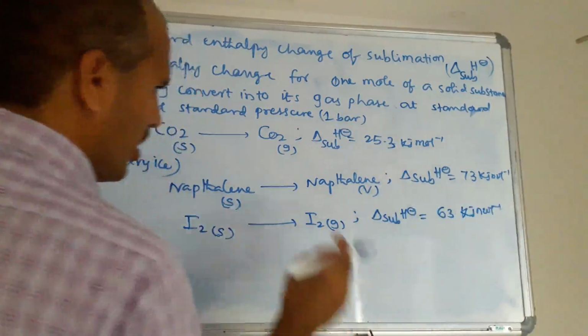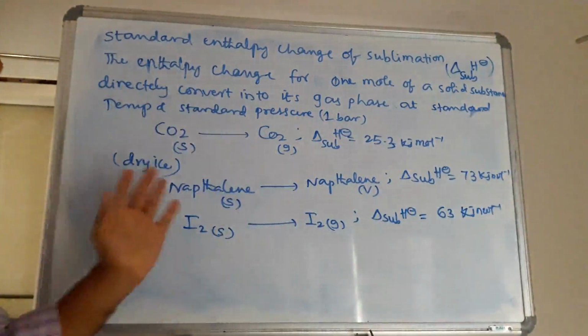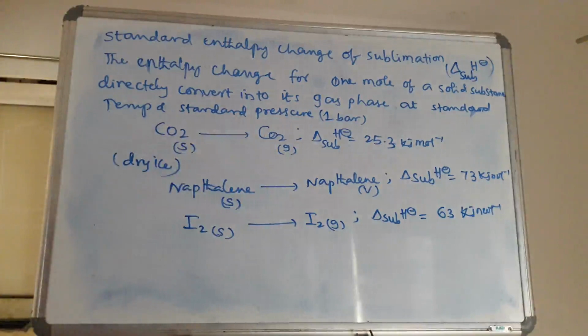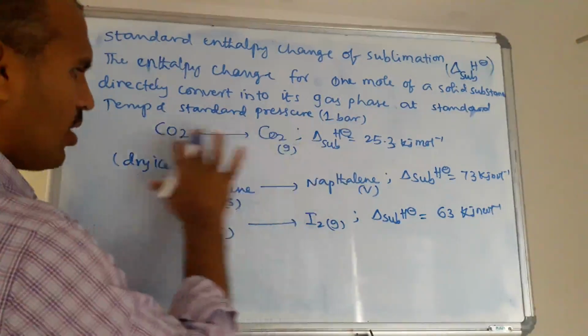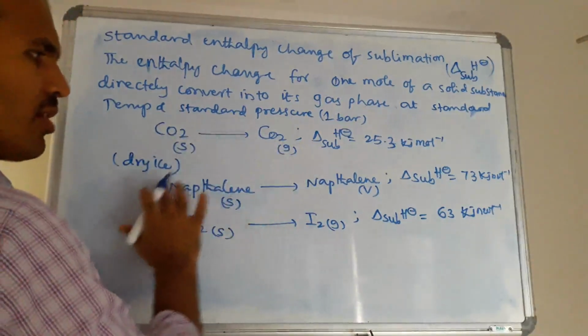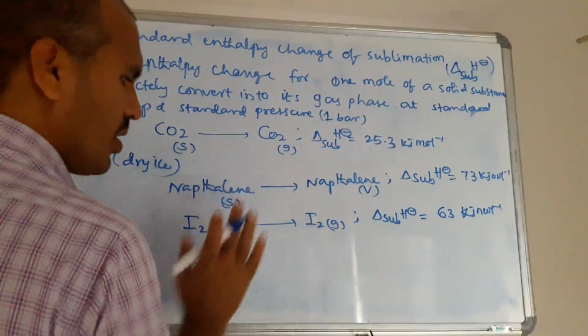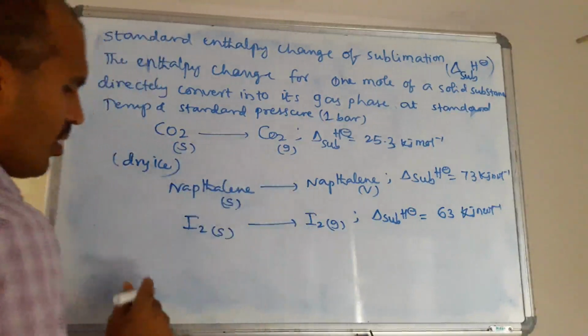These values are not that important; only for your understanding I am writing how much energy is required to convert solid to gas form. But keep in mind, in this conversion, composition is not changed. CO2 in the solid means CO2 in the gas. Naphthalene formula, whatever it is, is the same in the vapor phase. Iodine formula in the solid is also the same in the gas state, directly converting into gas without converting into liquid.